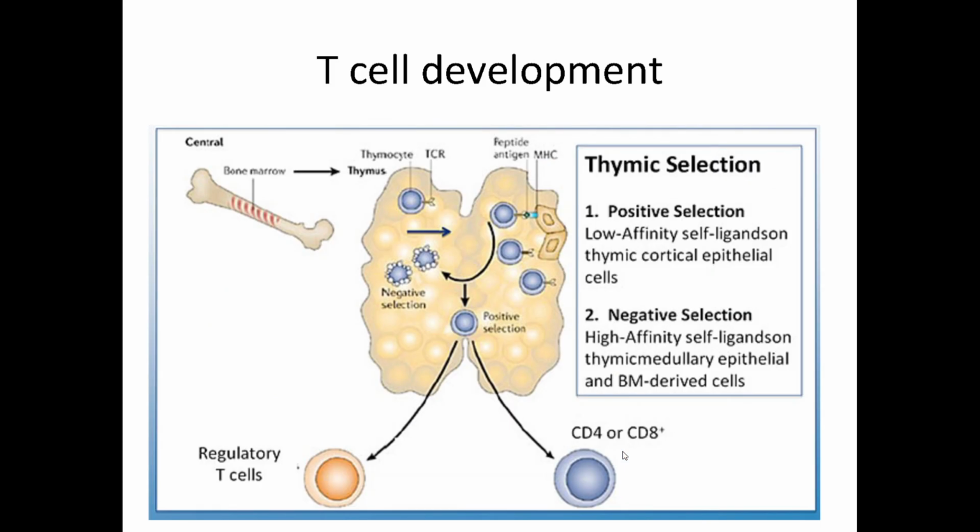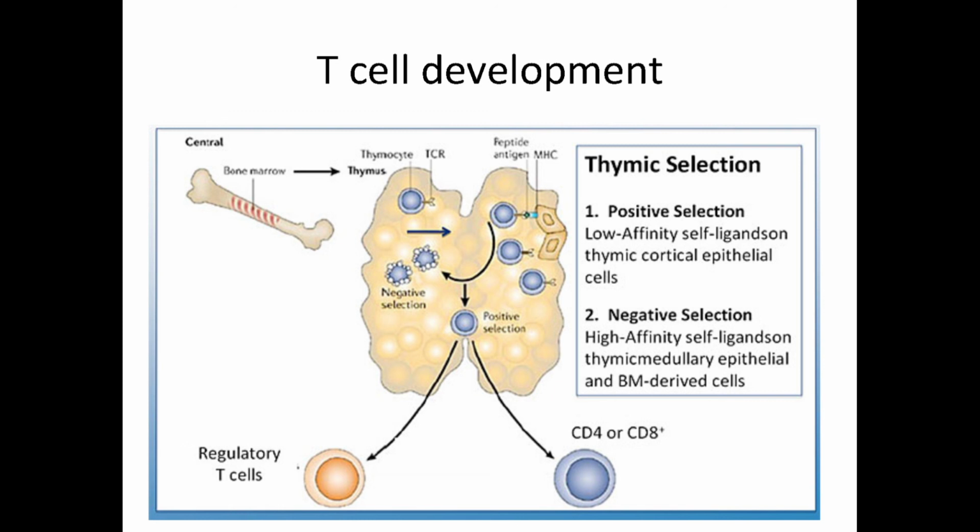So T cells go through thymic selection in the thymus. So this has both positive and negative selection. T cells go through positive selection, where we check to make sure that they do respond to the signal that says this is an antigen.